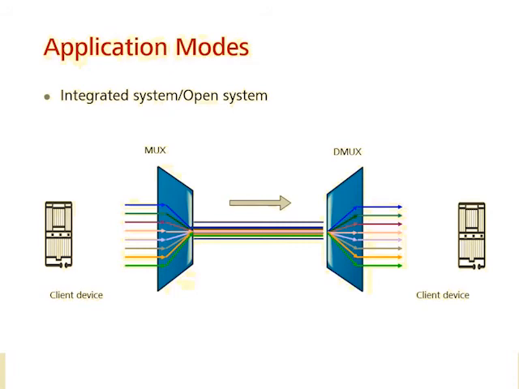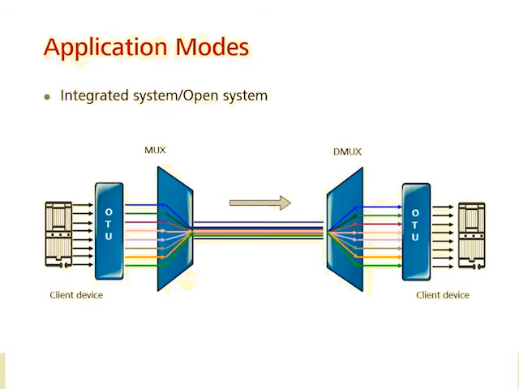Any signals can be accessed by the OTU board, and the OTU can use standard wavelengths to carry those client services. It doesn't care what kind of service is accessed. But we have another mode, the open system. Almost all WDM systems now use the open system or the integrated system.